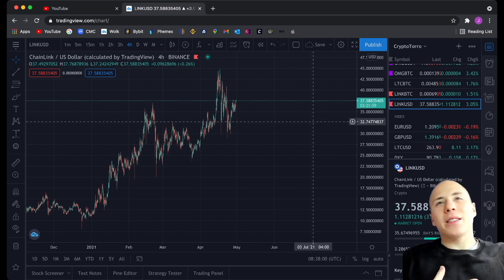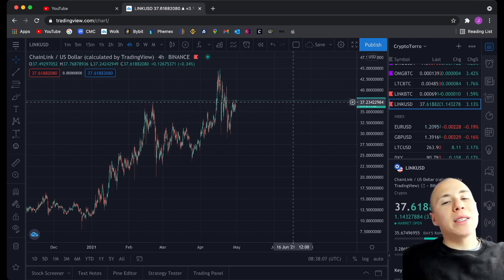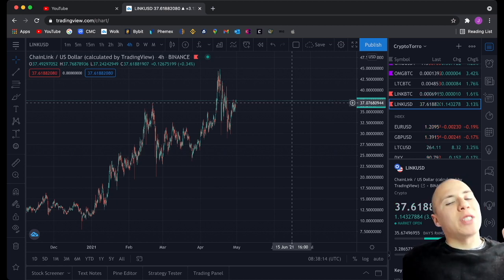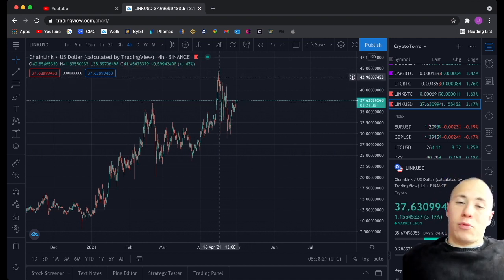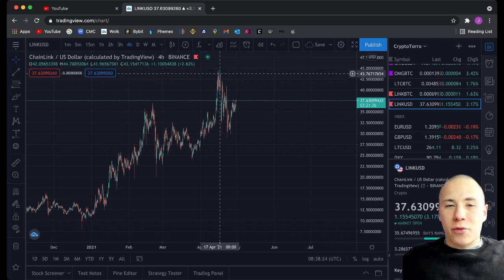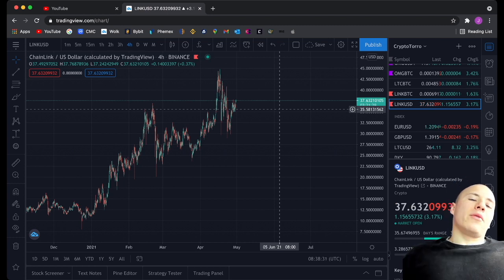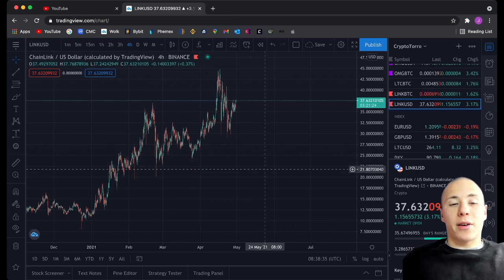But I myself didn't sell any Chainlink at all, because I'm holding Chainlink, because I think we will be seeing an even more expensive Chainlink, and Chainlink will be creating a new all-time high. I didn't sell any of my Chainlink right over here at the $44, but if you did so and bought Chainlink quite early, I think that's great, because you made a lot of profit on it.